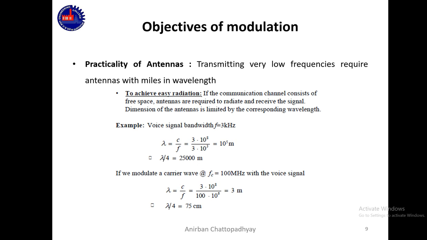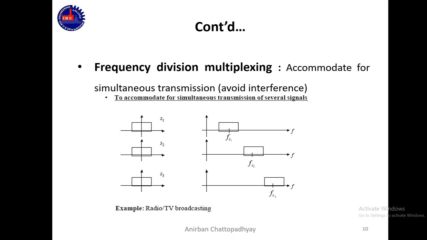Now the next need is interference. See, for example, if there are three people sending voice signals, or you can consider three stations transmitting signals.